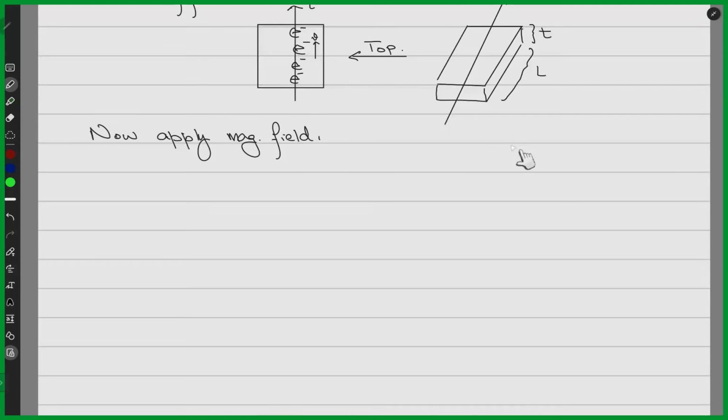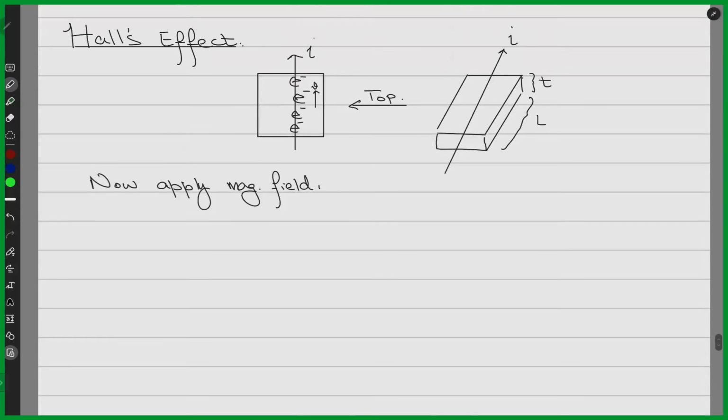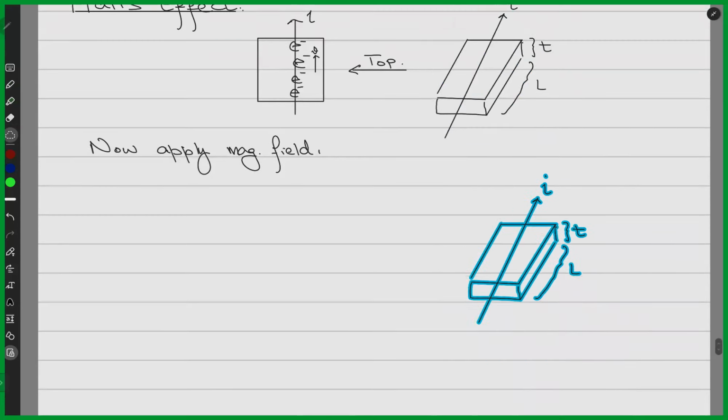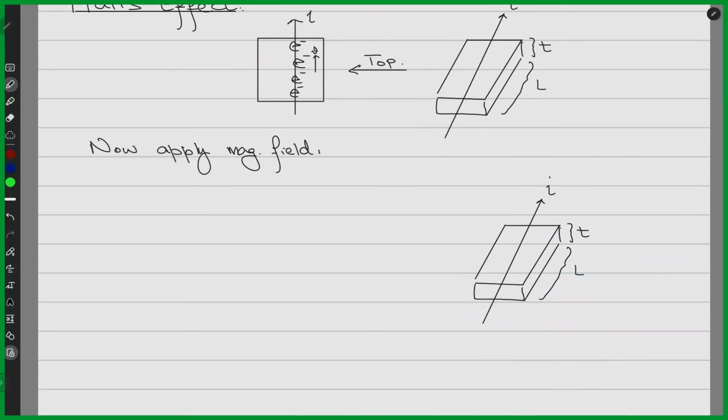Again, I'll copy this. So apply some magnetic field. Let's suppose that it is applied in this way, perpendicular to the conductor, in the downwards direction. So the magnetic field is applied inside the conductor.